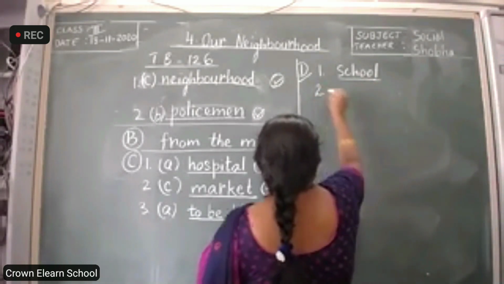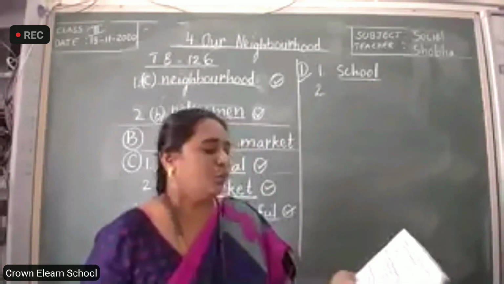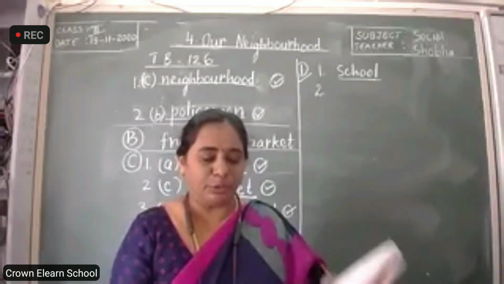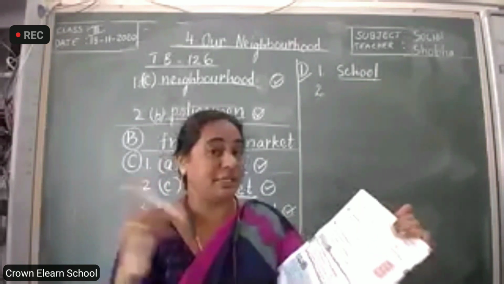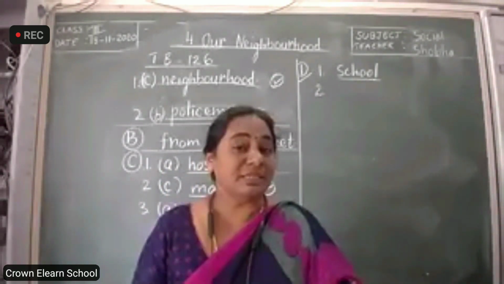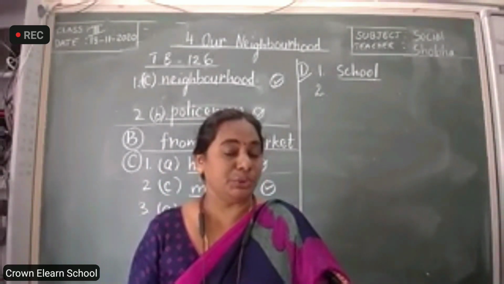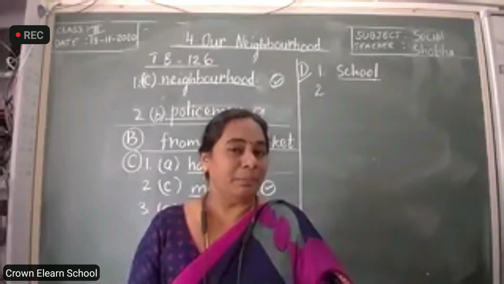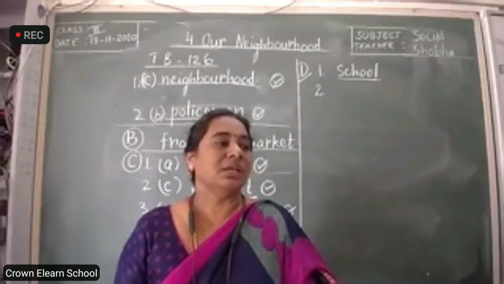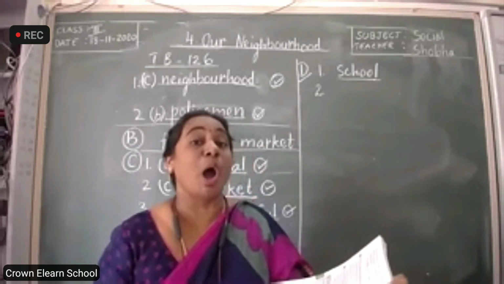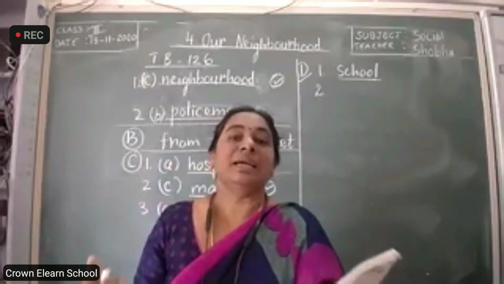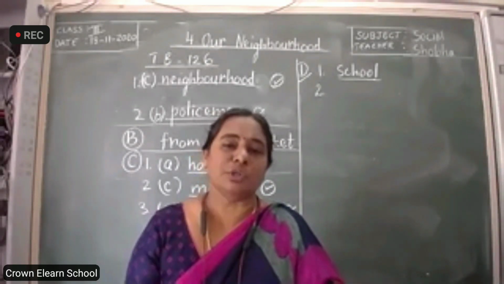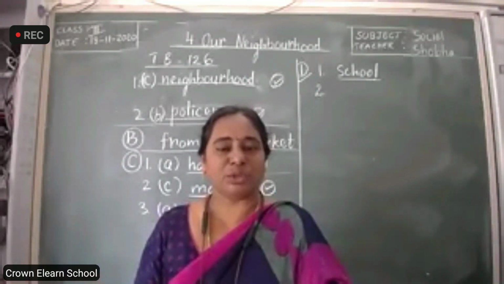Next, second: we can dash money from a bank. What can we do out of these options? Yesterday I told you, a bank is a financial institution where we borrow and lend money, isn't it? Borrow means taking. So taking from the bank. Of course, again we have to pay it back to the bank.